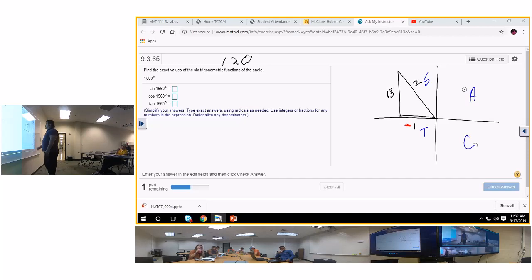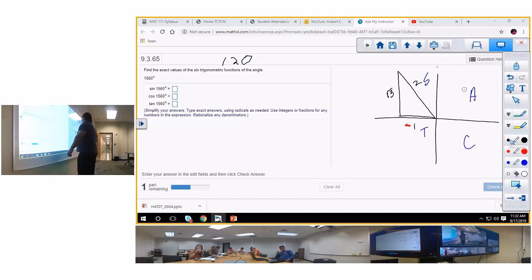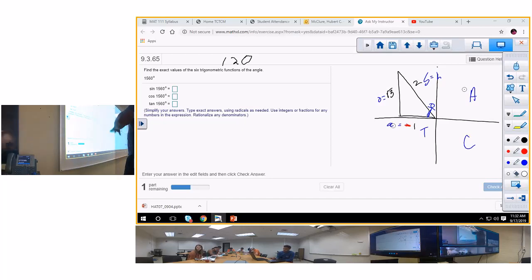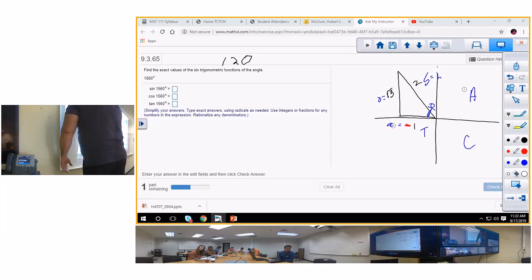So here's our little man, and that's the opposite. That's the hypotenuse, and that's the adjacent. And I'm not going to worry about the square root because I'm trying to get as many questions as I can. So the sine is square root of 3 over 2.